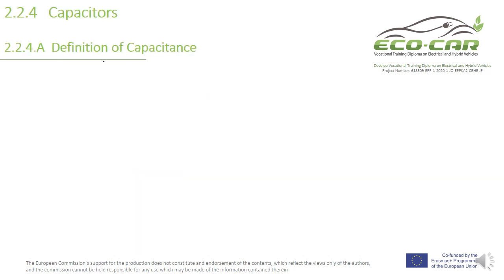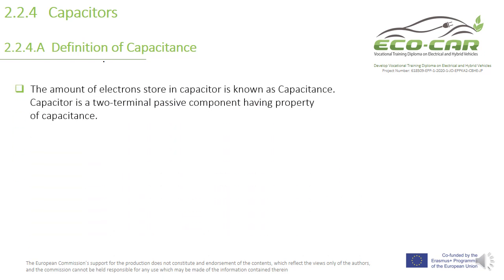Definition of capacitance: the amount of electrons stored in a capacitor is known as capacitance. A capacitor is a two-terminal passive component having the property of capacitance.